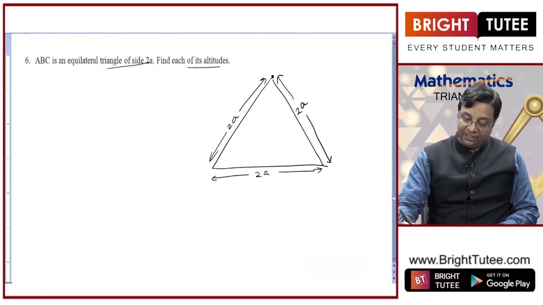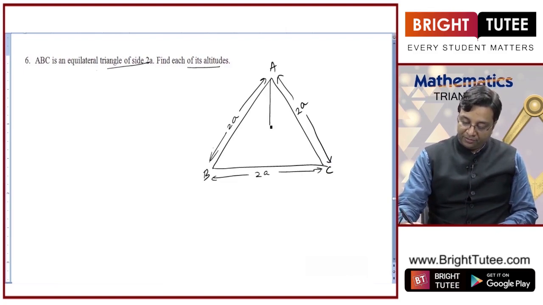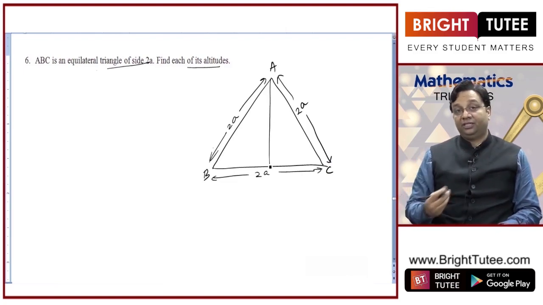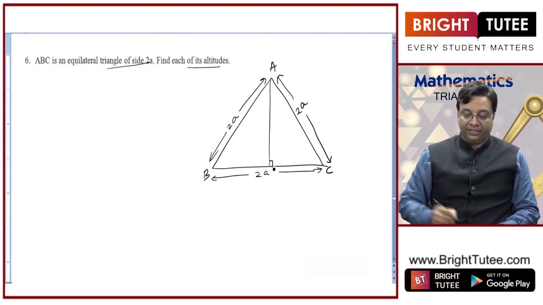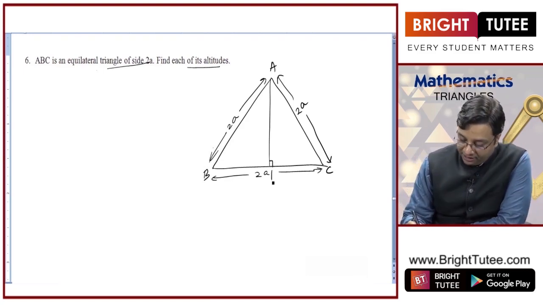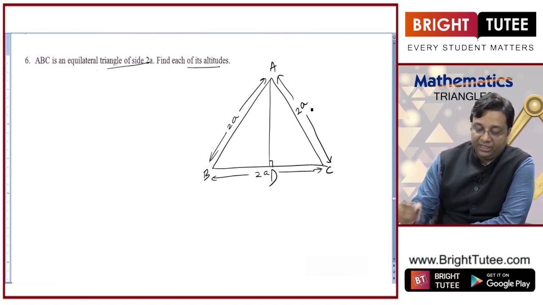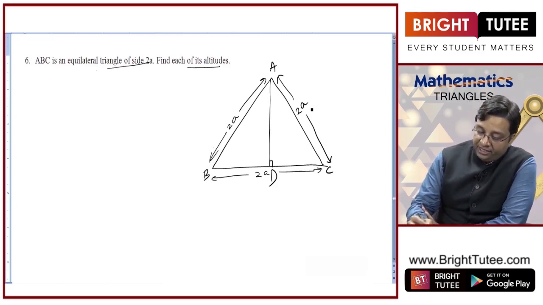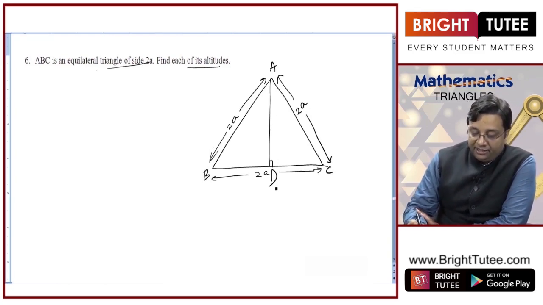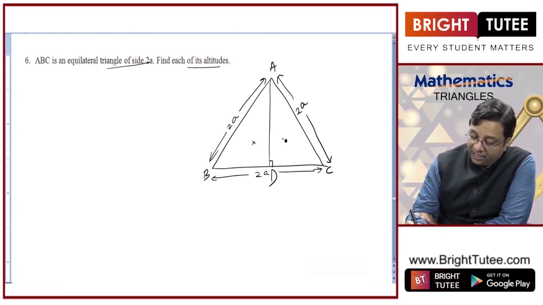So, in equilateral triangle, let us say this is ABC. If I drop a perpendicular from any of the vertices to the opposite side, what will happen is, now this is altitude AD. Similarly, you could have dropped a perpendicular from B to AC, and that is also an altitude which will be of the same length. Now, see, if AD is altitude, in equilateral triangles, what happens is these two triangles are congruent to each other.